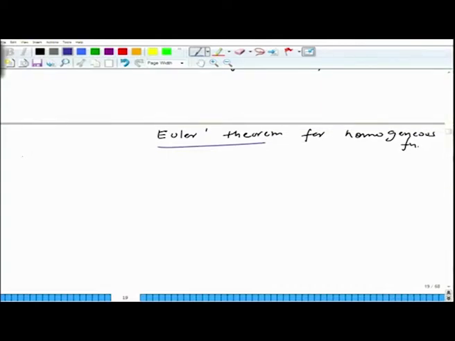So let us make a comment here that a thermodynamic function and its derivative are either extensive or intensive. This is something which we observe, that all these functions are either extensive or intensive, which we have already defined.